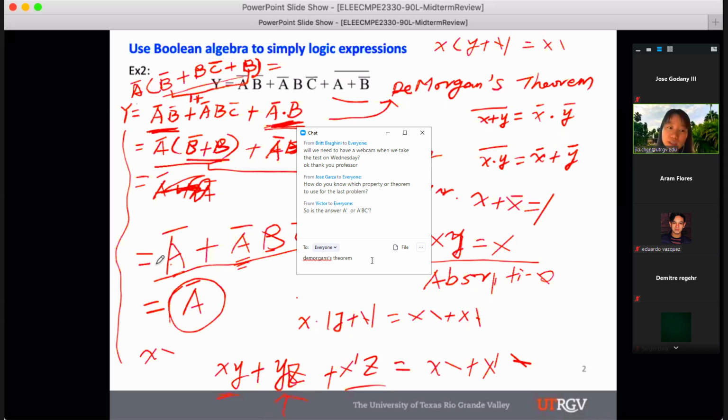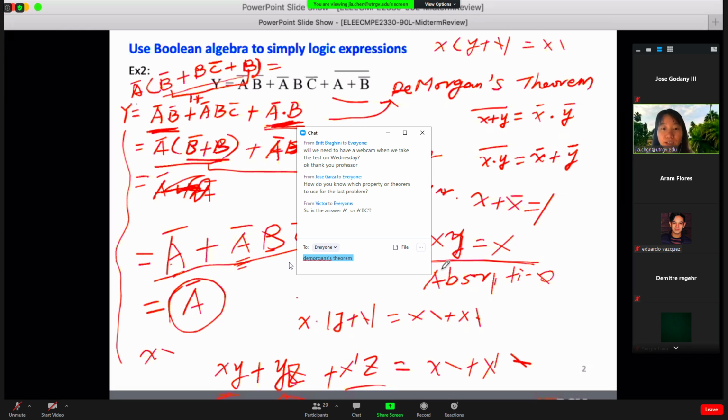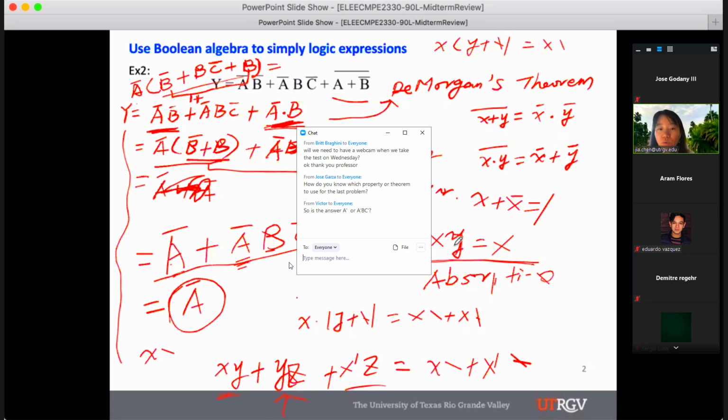Or if you take the steps that we initially took, then you are also going to end up with a NOT, because a NOT plus a NOT times b c NOT, if you remember the absorption property, means x plus x times y equals x. This tells you if you have two terms where the second shares the whole first term but has something extra, then the result is equal to the first term.